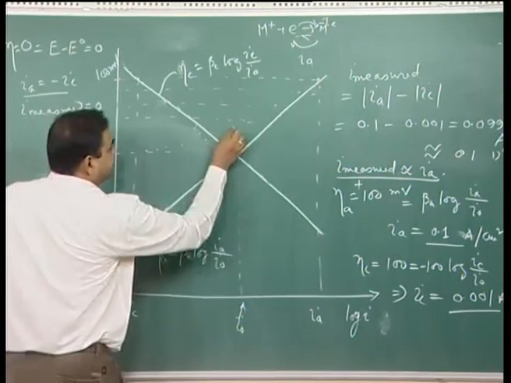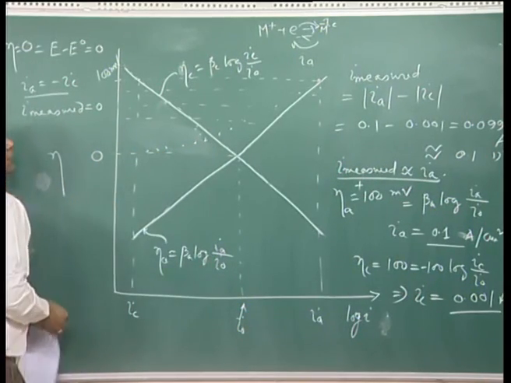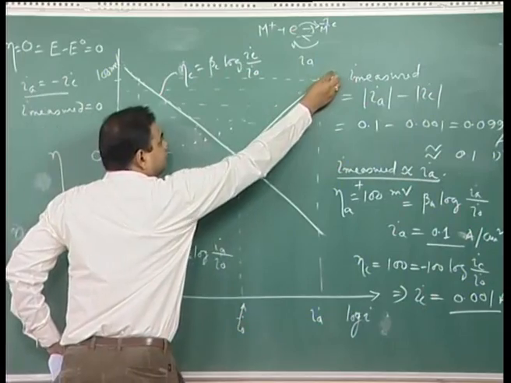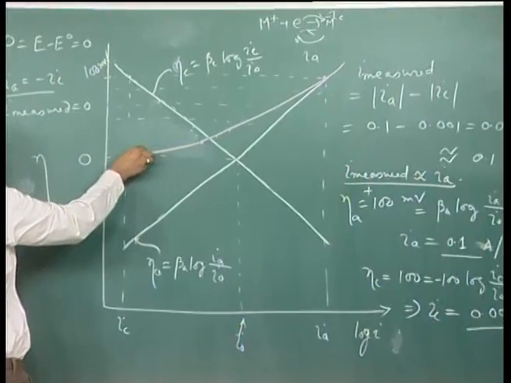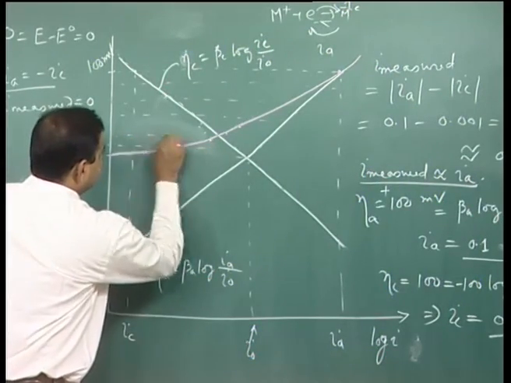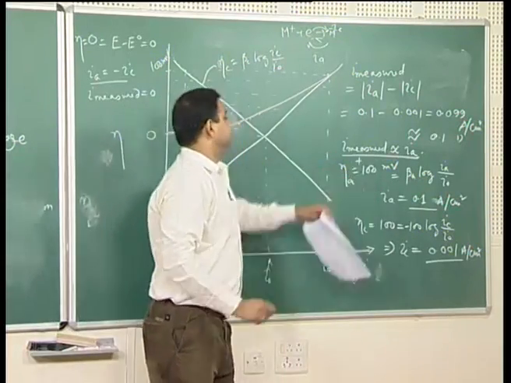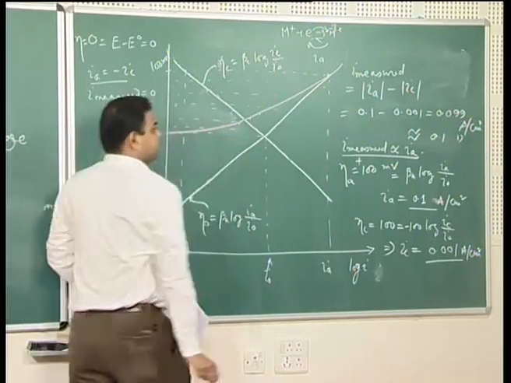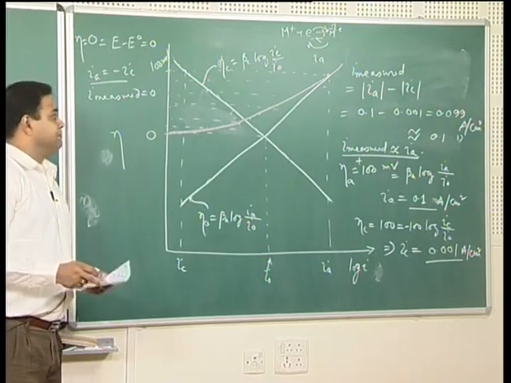So now I can connect all those points. I have connected all those points at different overvoltage values. So at different overpotential values, I have just found out what is my I measured, and this is the plot of my I measured. And we actually measure it from the external circuit. We do not measure IA or IC separately.